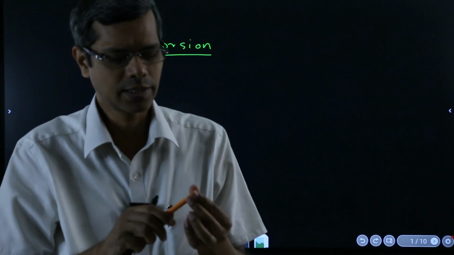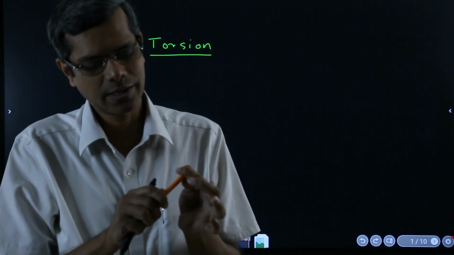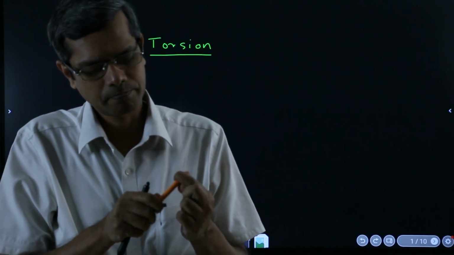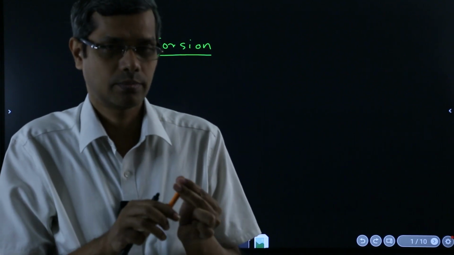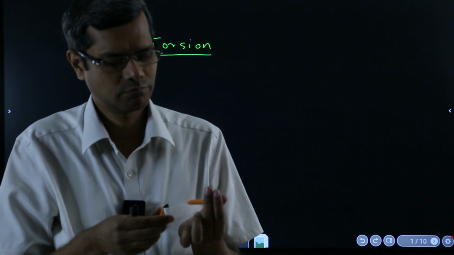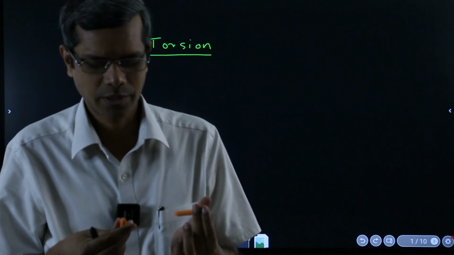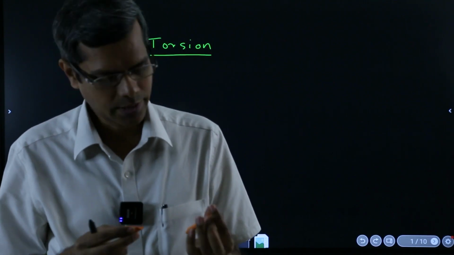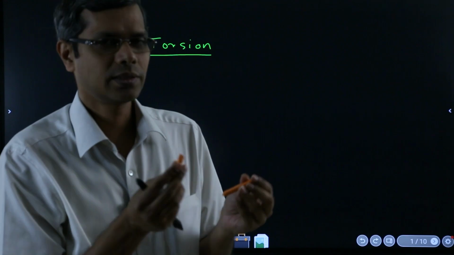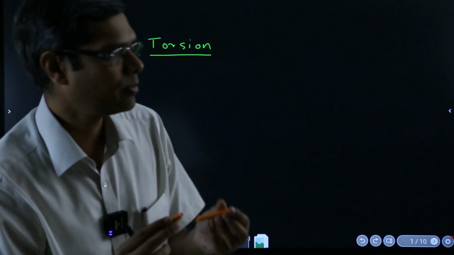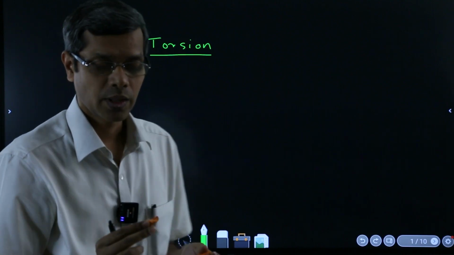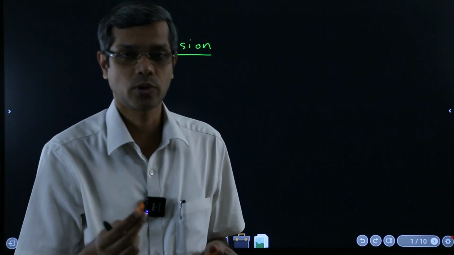Okay, it broke somewhere. That's fine. So you see the shape in which it broke. That's very important, and we will be discussing the reason why it broke like this.